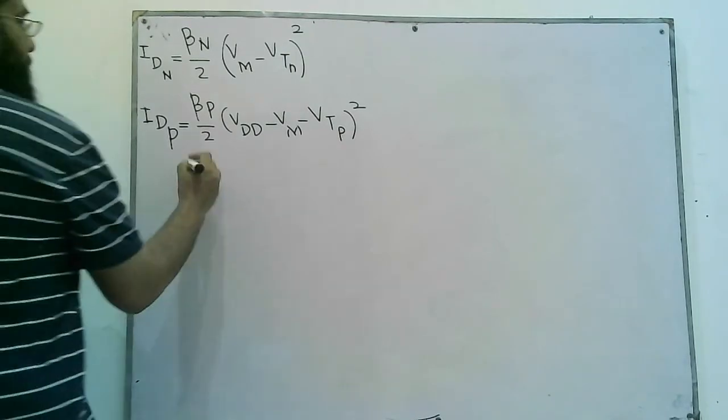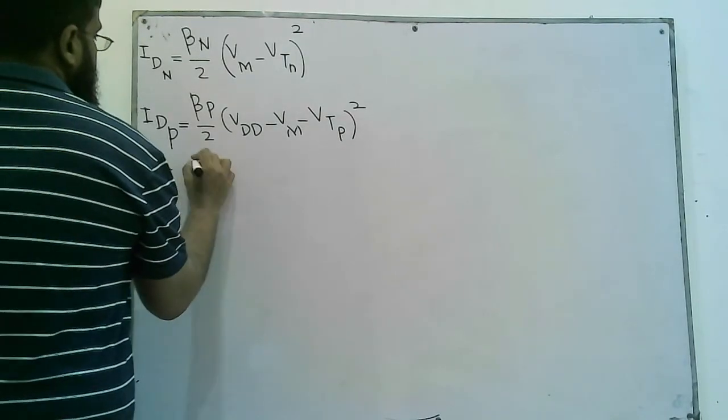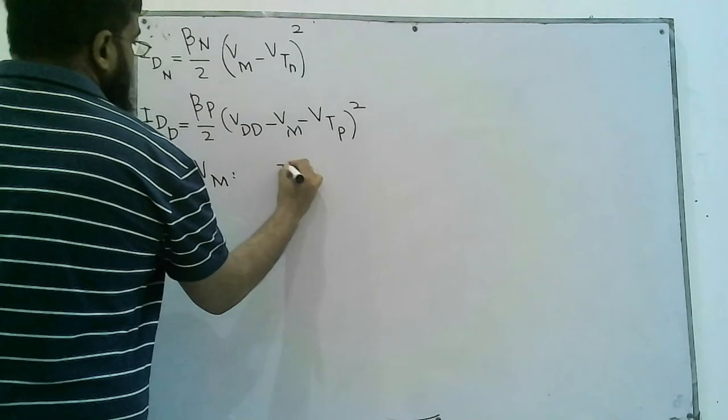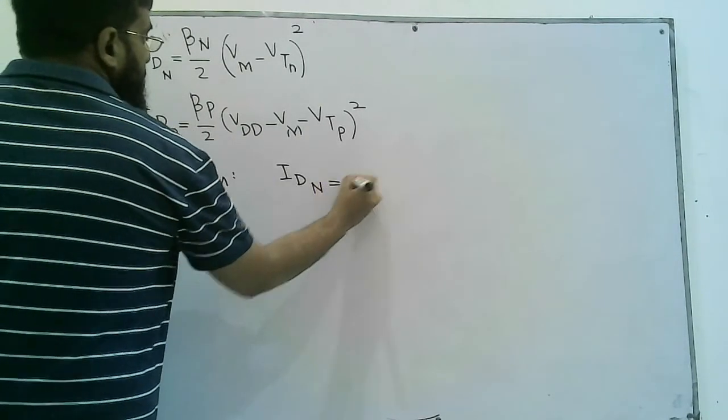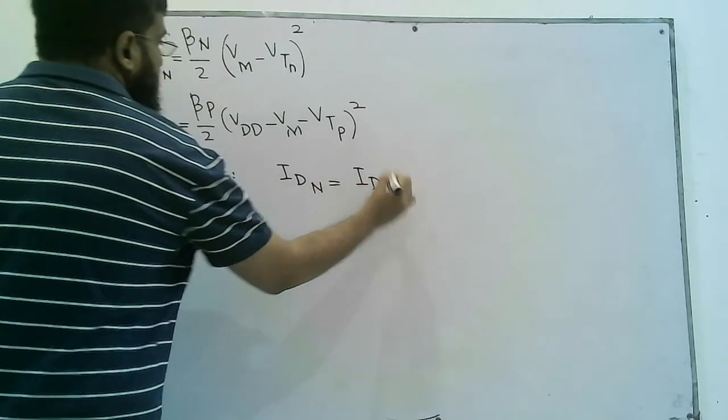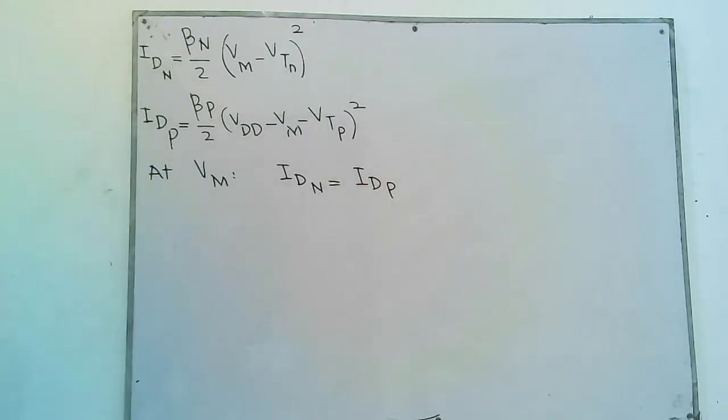Therefore, at Vm, IDN is equal to IDP. This is what we studied when we studied the CMOS node.